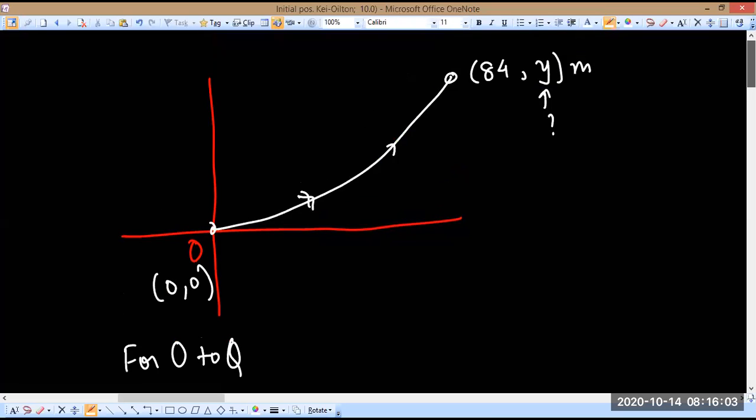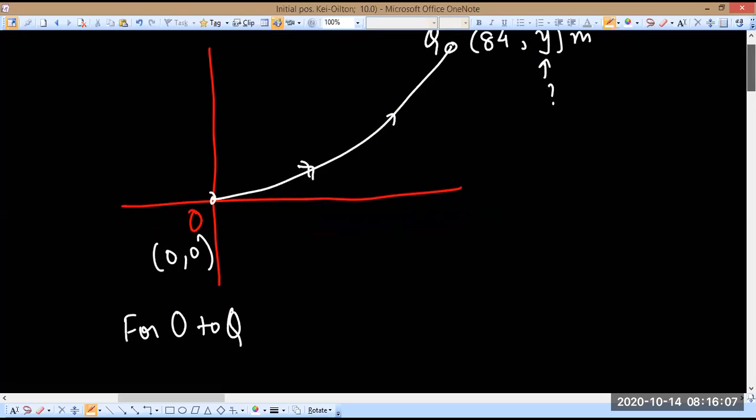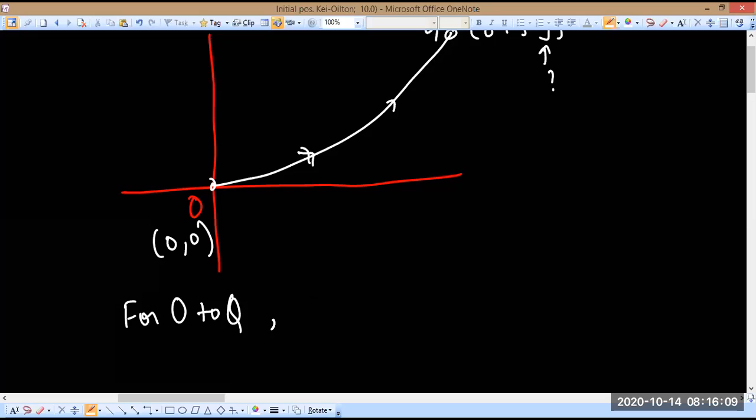For O to Q, I'm going to use the equations of kinematics for x only. I hope you remember yesterday I taught you that you can do it separately for x and y. So we'll do it for x because we know everything about x.